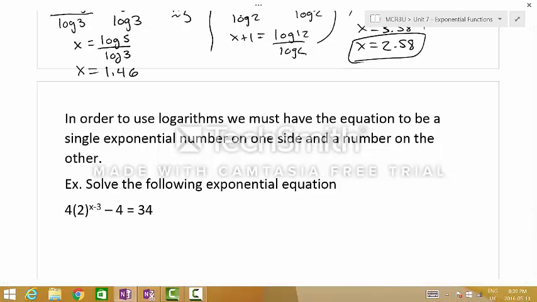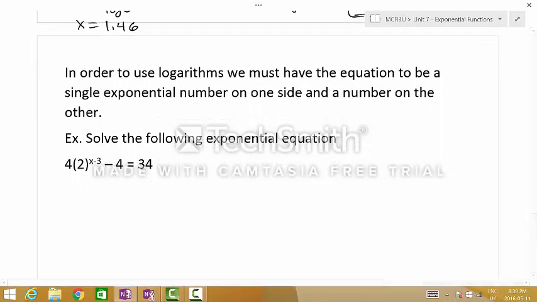Now, just like when we were doing this with a common base, in order to use these logs, we need it to be just a single exponential on one side and a number on the other side. So, for example, we have 4 times 2 to the power of x minus 3, minus 4, equals 34. Again, in order to do this, we need to get that 2 to the exponent x minus 3 by itself.